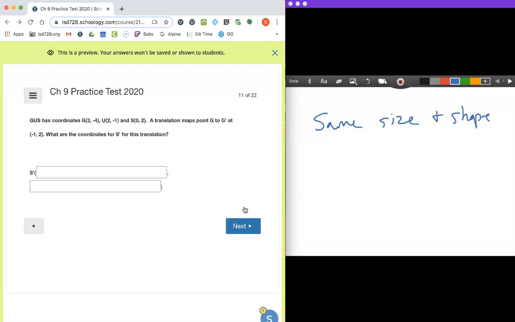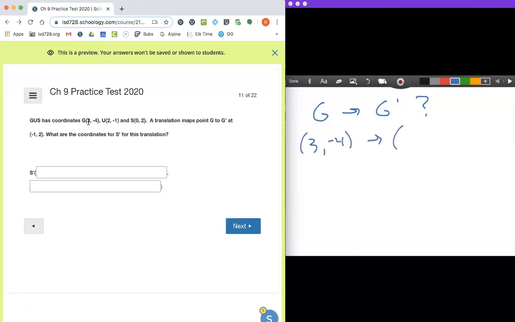All right, so this one now, they're going to start giving us some things here. They're saying that we have a triangle GUS, and they give us those points. They want to know, how do you get from G to G prime? Well, G is at 3, negative 4, and it landed on negative 1, positive 2.